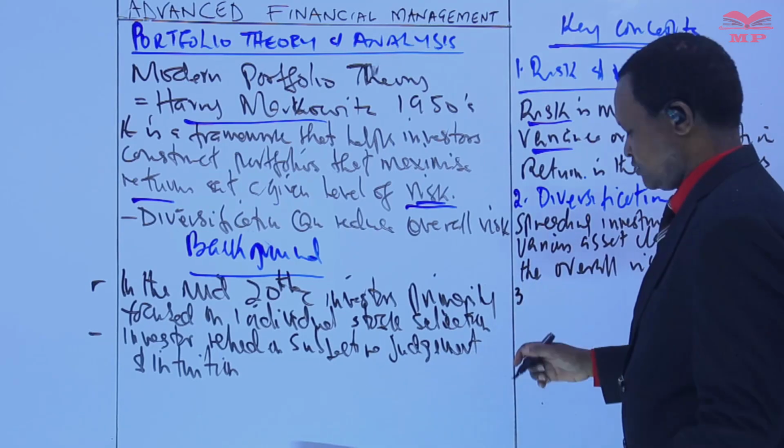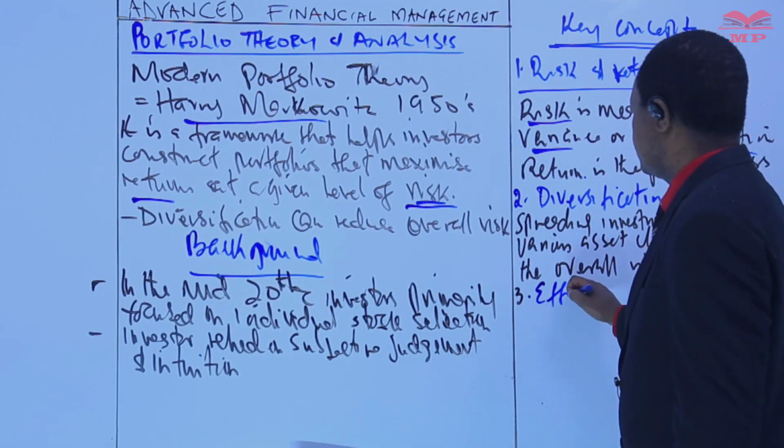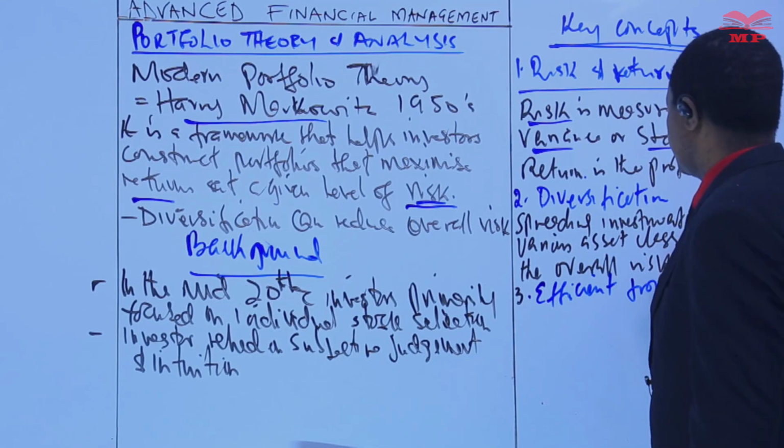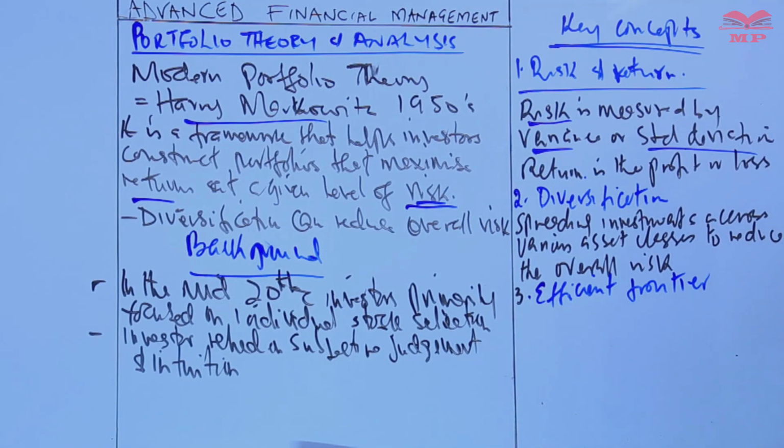Three, efficient frontier. Efficient frontier is another key concept associated with the modern portfolio theory.